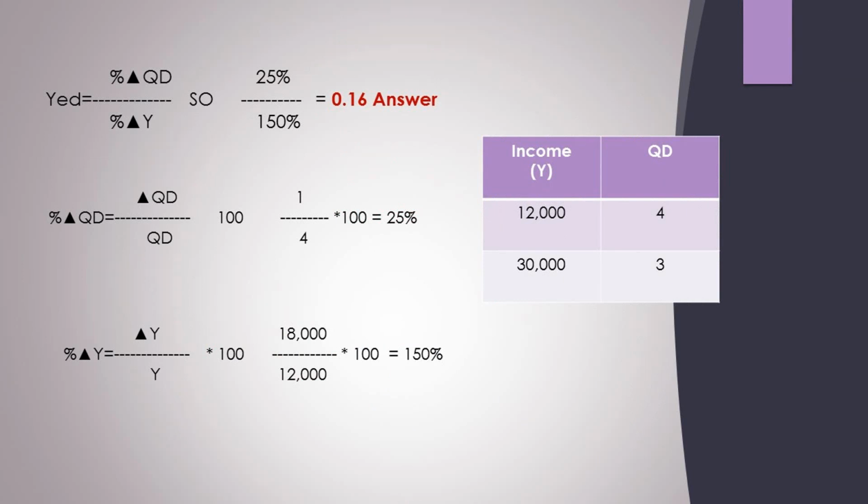So look at the calculations. We calculated the percentage change in quantity demanded, we got 25%, and the percentage change in income, we got 150%. So when we divided both these, we got 0.16. It means quantity demanded is inelastic or less elastic because it is greater than 0 and less than 1.